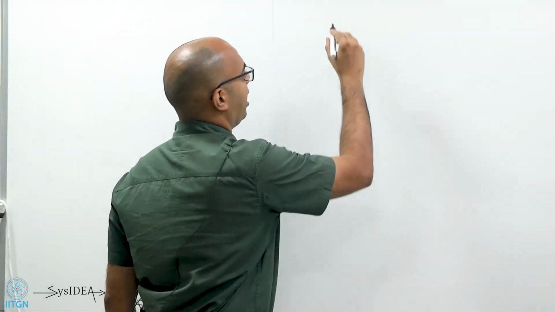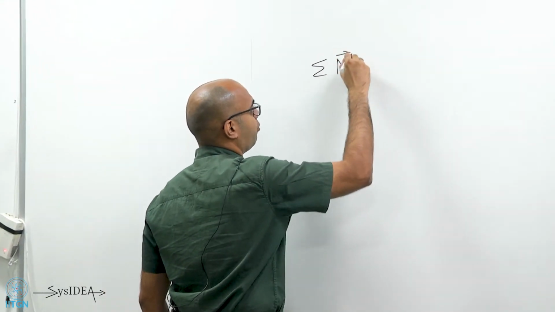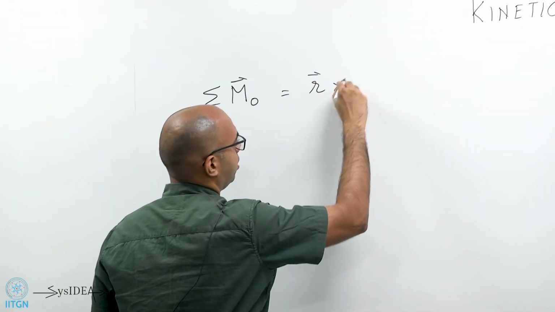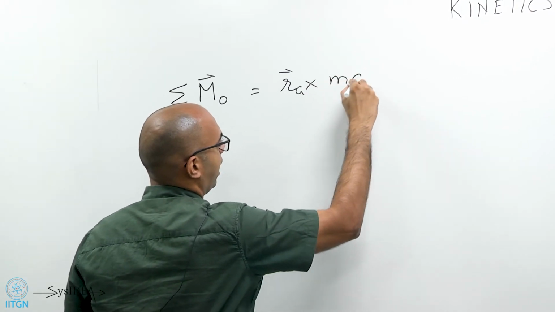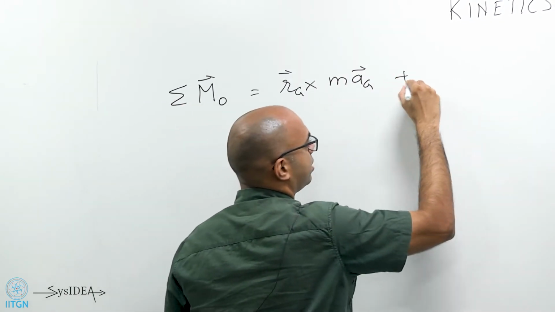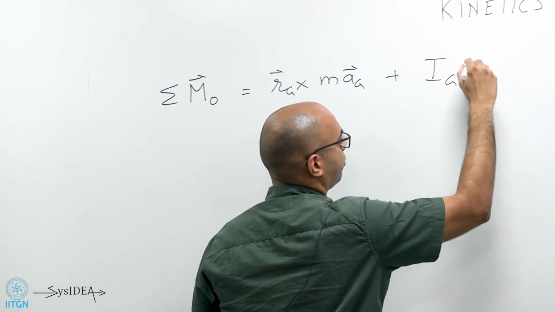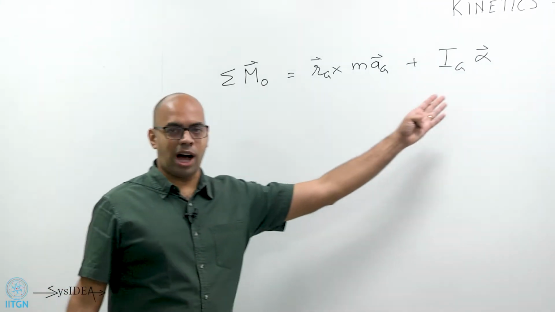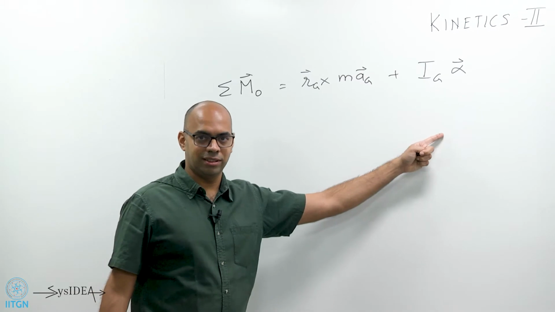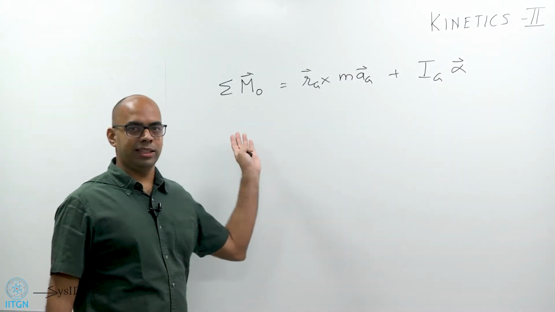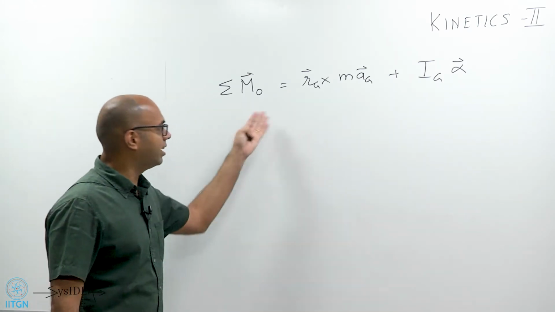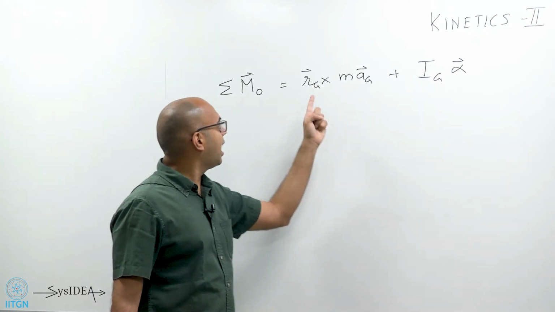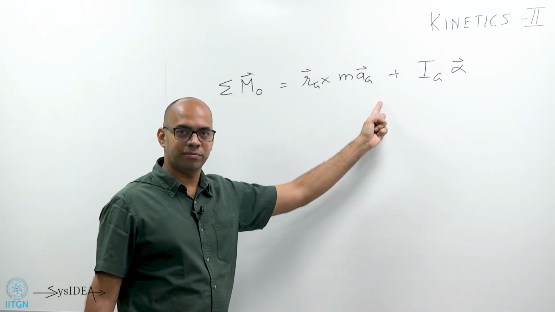And after cleaning up, we have sum of moments of all external forces about O is equal to Rg cross Mag plus Ig alpha. So your sum of moments is equal to I alpha really follows from this equation. Further, when in static equilibrium we do sum of moments equals 0, again that is a special case of this. But remember, this is about center of gravity, and this term is also not to be missed.